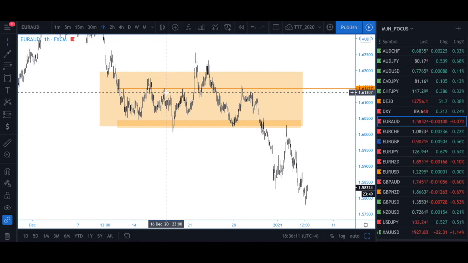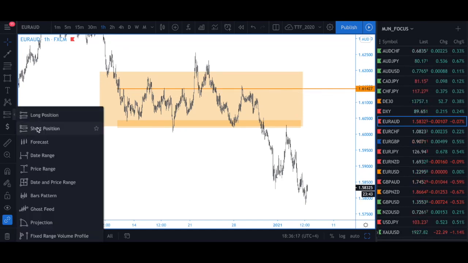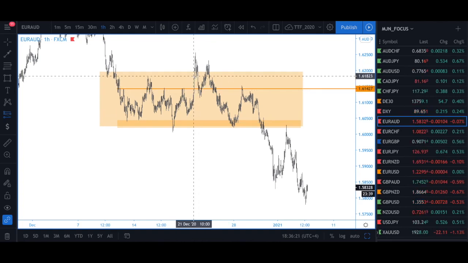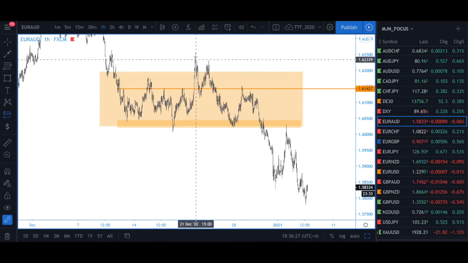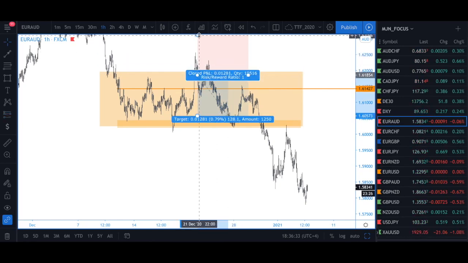Okay, so say for example, and this is why the entry points are so important, because your stops can be smaller if you are catching the right entry point. So say for example, the trader actually waited for a fake out of this range and then it came back into this range, and you are then executing that trade over there.